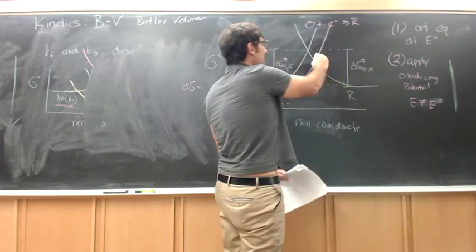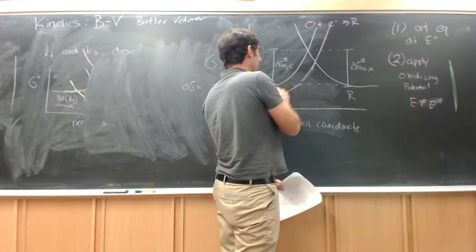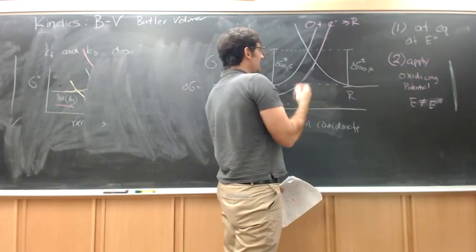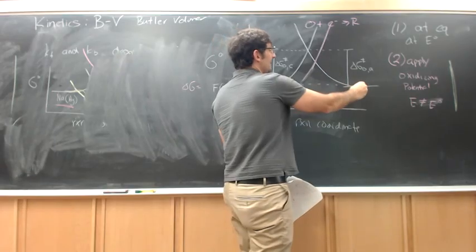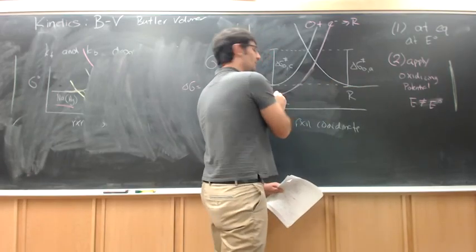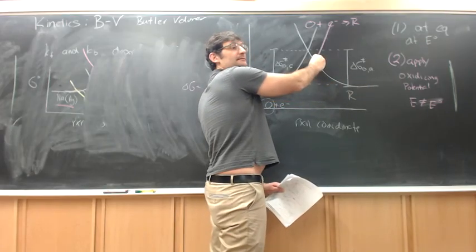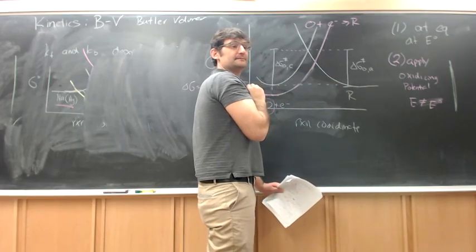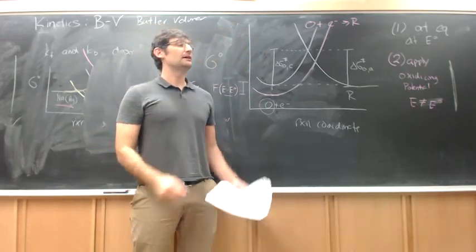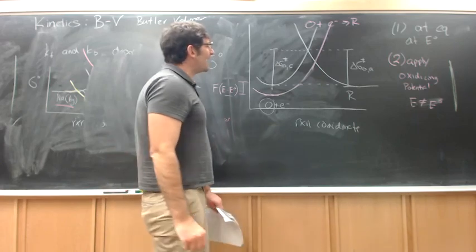Every so often it happens to find this point, and then half the time it'll go here, and half the time it'll go back to where it started from, roughly. But randomly it'll find this point more often coming from this side than from this side, because you need less thermal energy to get up to that barrier. You see that? We'll talk about this in more detail when we do Marcus theory, but this is the fundamental picture of electrokinetics.